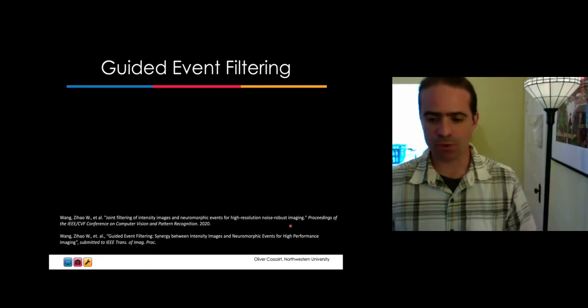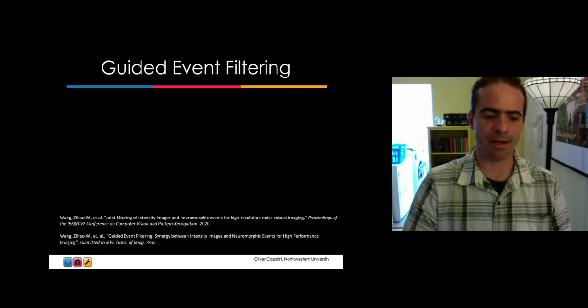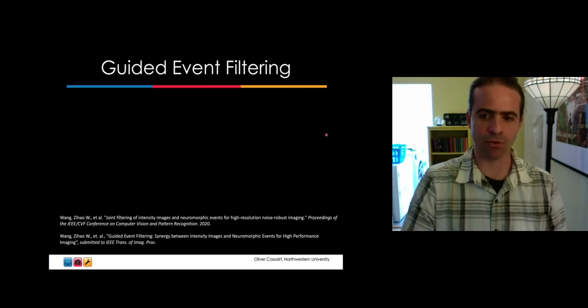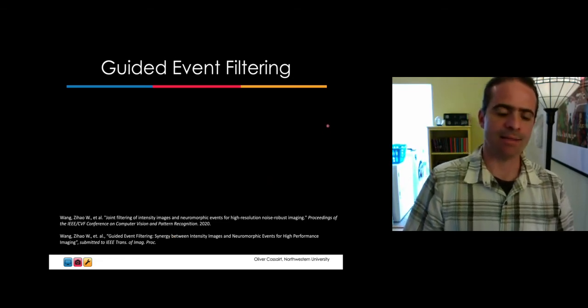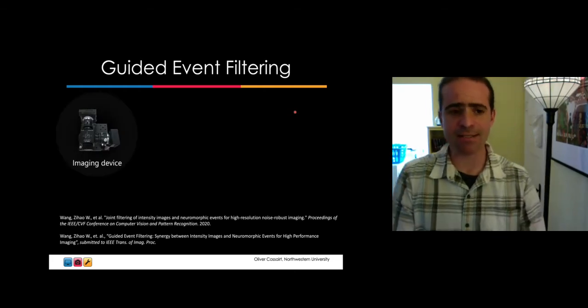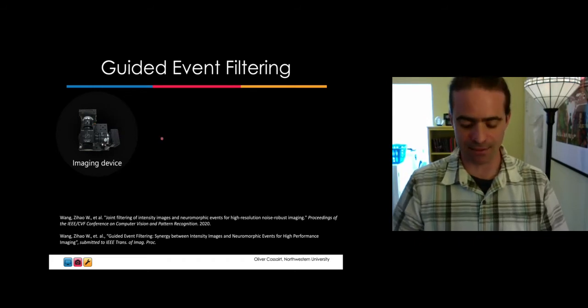So that was some of the first work that we did, and then this is some follow-up work, again led by Winston Wang, published in CVPR last year, and also coming out in a journal sometime soon. This is the notion of guided event filtering. The idea is that we have some imaging device which can again capture events and intensity frames.